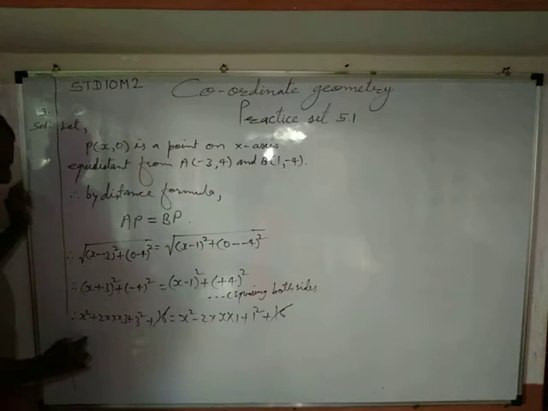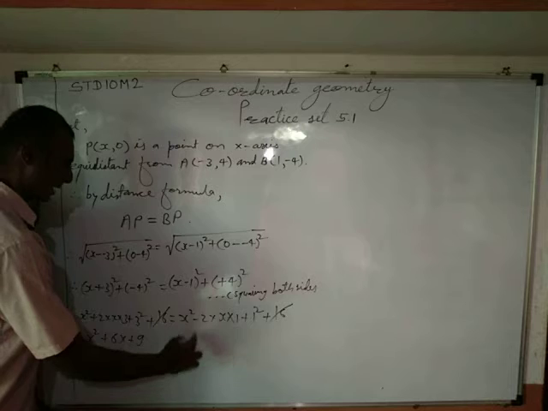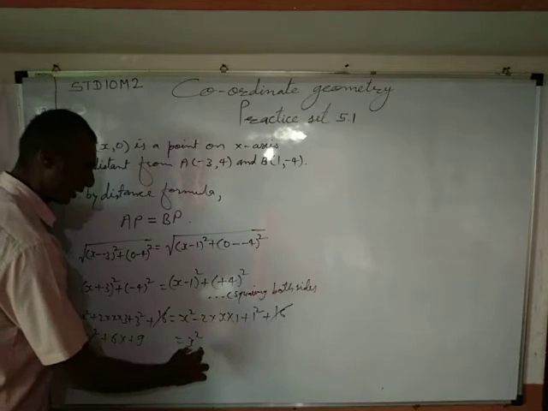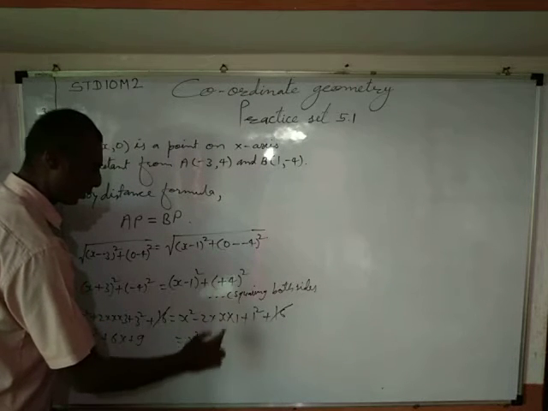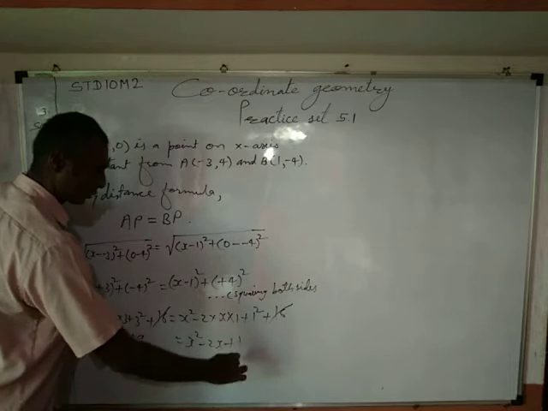Again it will be x square plus 2 3s are 6x plus 3 3s are 9, that equals x square minus 2 into 1 into x gives us minus 2x plus 1.